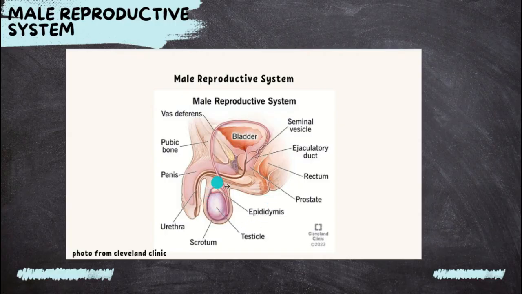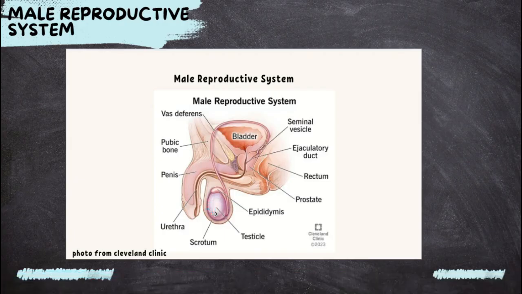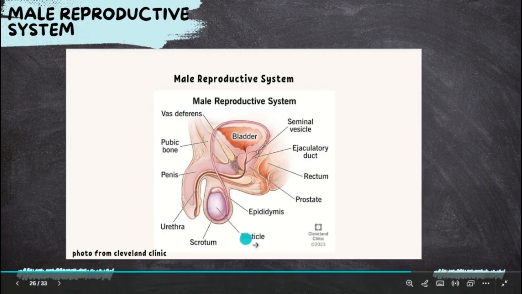And then leading off it right here, the testicle is basically to produce sperm. So it's here that we're producing sperm and also producing testosterone. That's the function of the testicle.